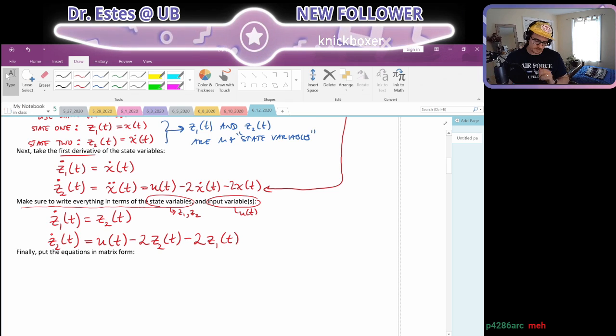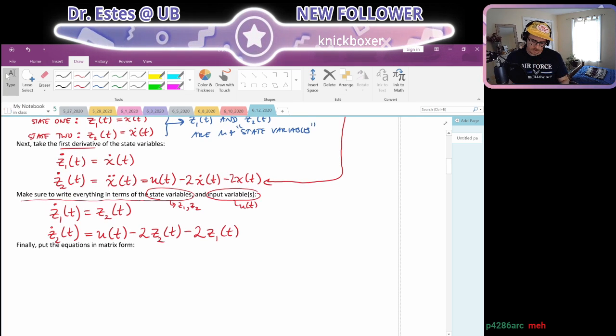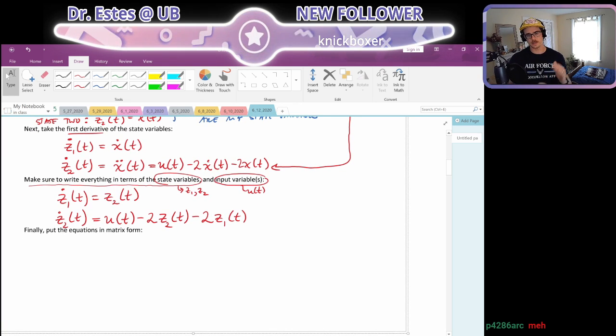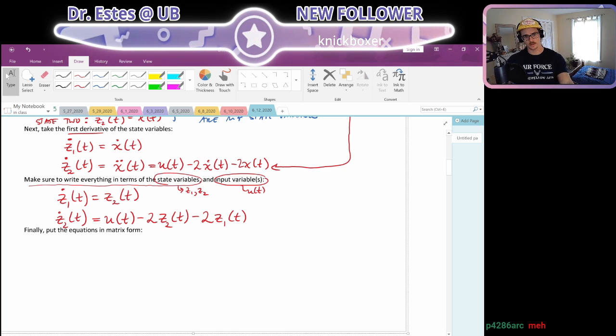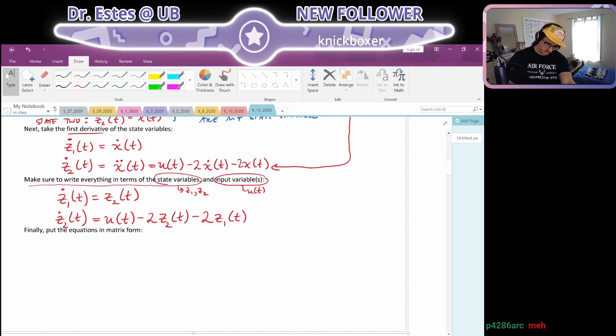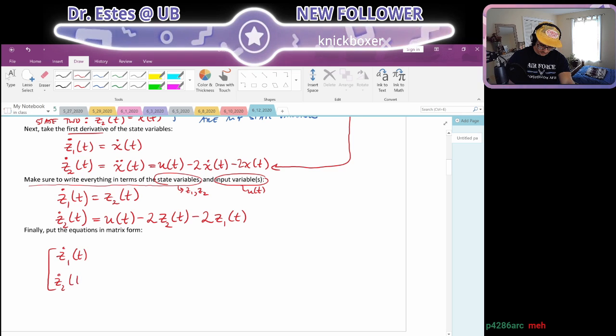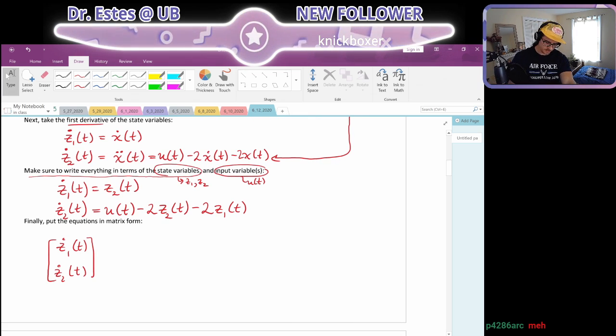All right. Because we deal with linear equations in this class, one of the benefits of linear equations is you can write them in a matrix form. And this is what we're going to do next. So I have these two equations, but I'm going to stack them up so I have a vector of states, z1 on top of z2.